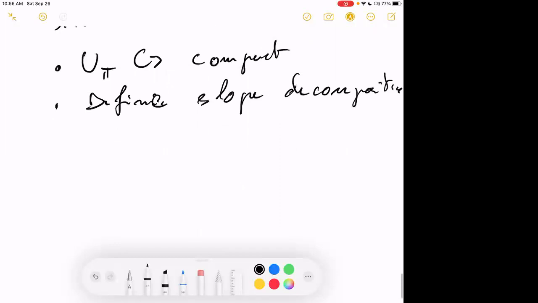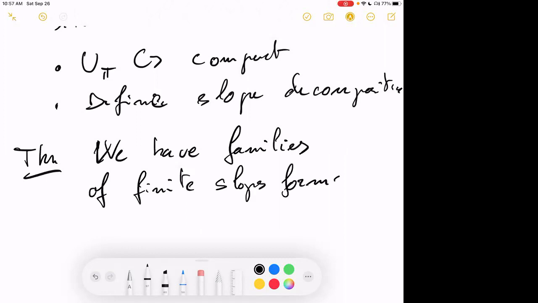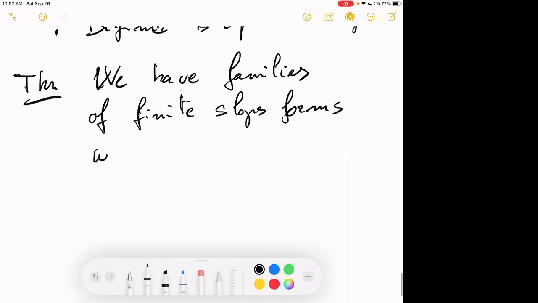And so the second theorem is that we have, always joint with Marc Huber, families of finite slope forms. But now what is the, well, with coefficients in what?